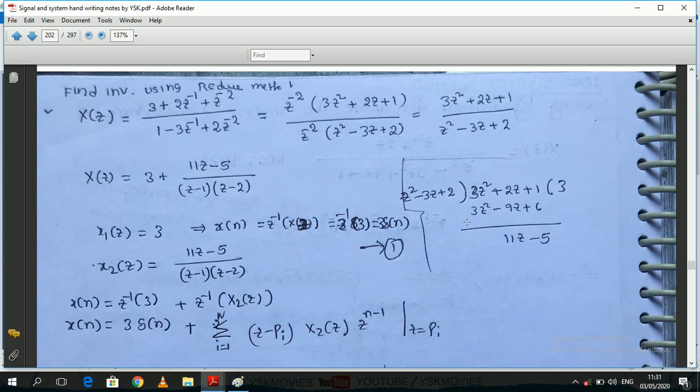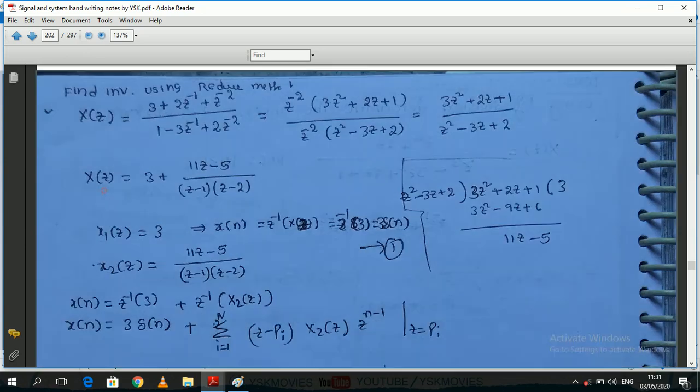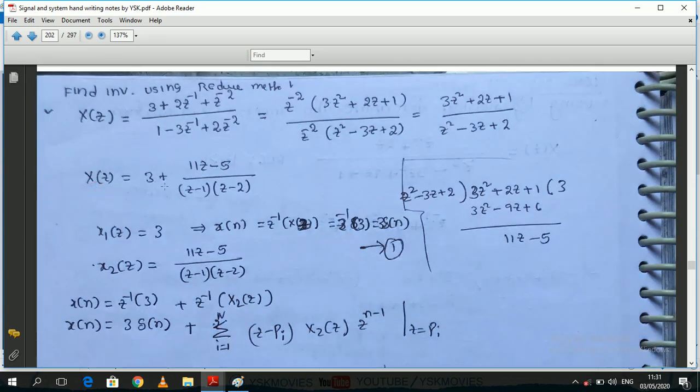Next, X of z equals 3 plus (11 z minus 5) by (z minus 1)(z minus 2). We just characterize it like this, as X1 of z and X2 of z, where X1 of z is 3, whose inverse is 3 into del of n.